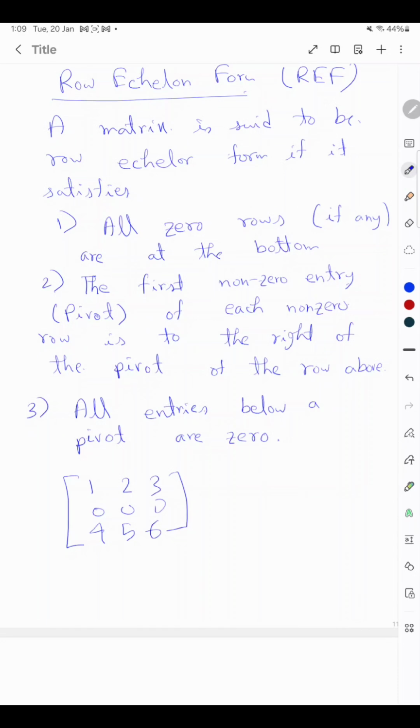So what do you have to do to transform this into row echelon form? First you should swap your row 2 and row 3, right? Just using the swap R2 and R3. So you have 1 2 3, 4 5 6, 0 0 0. Okay, this is what you have.